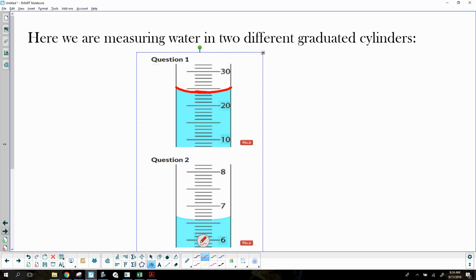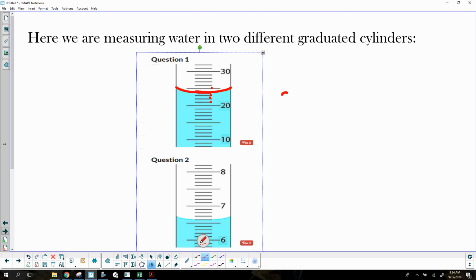So what I see here is that every mark goes up by 1, 2, 3, 4, 5. So I'm going up by 1 milliliter increments. So I'm going to estimate this. Since I'm going up by 1 milliliter, I can be estimating to the 0.1 spot. 1/10 of 1 is 0.1.